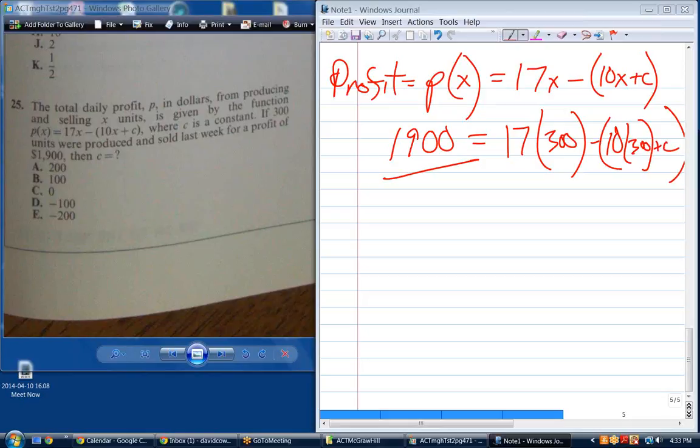Now it's easier because we only have one variable. That's the only variable you should be able to solve for. What's 17 times 300? 5,100.